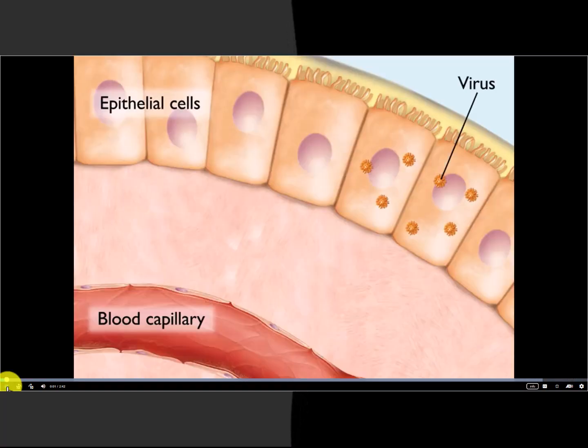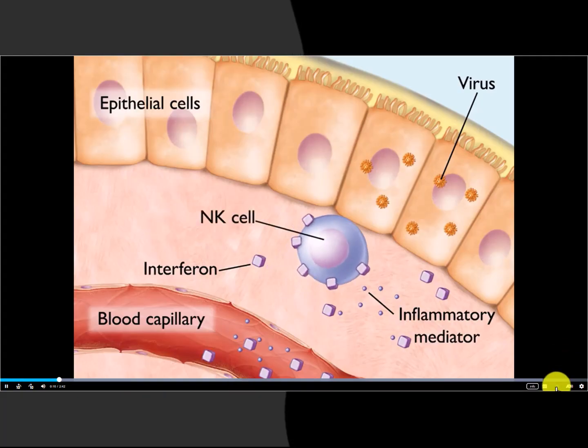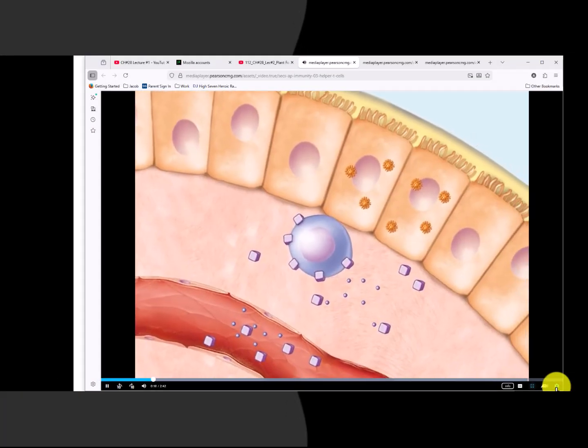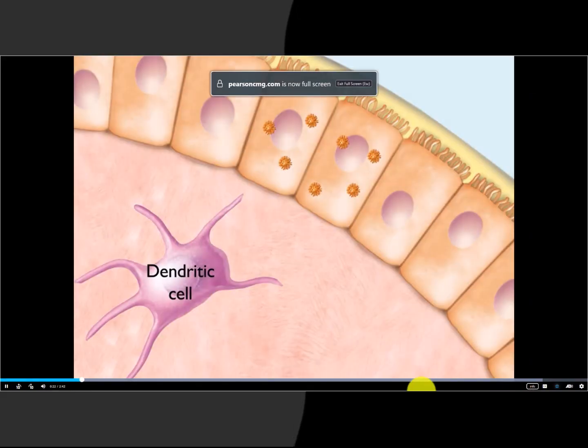Infection with the virus that causes the common cold activates multiple innate immunity responses, including inflammatory mediators, interferons, and natural killer cells. Another component of innate immunity that gets activated is the phagocytic cells, such as dendritic cells and macrophages.